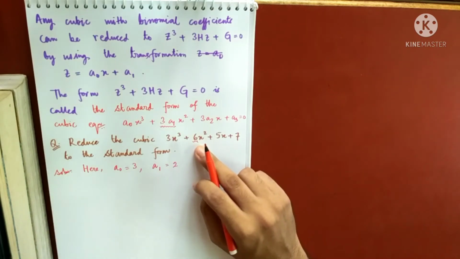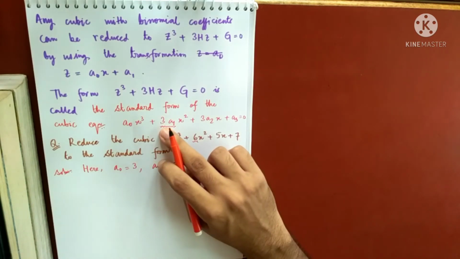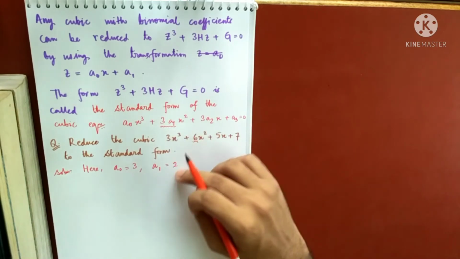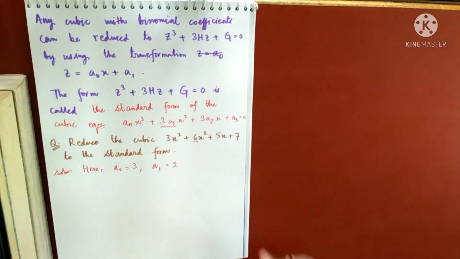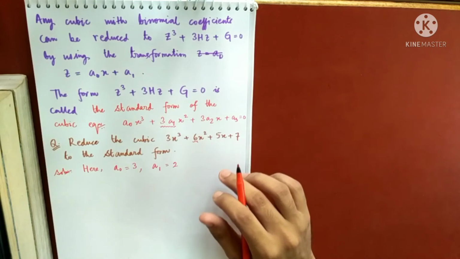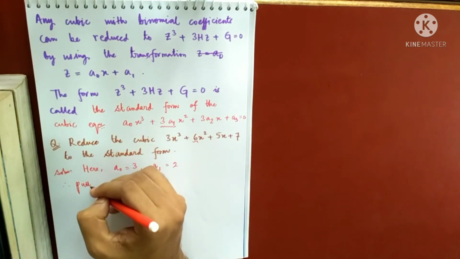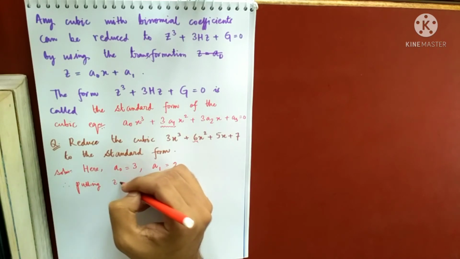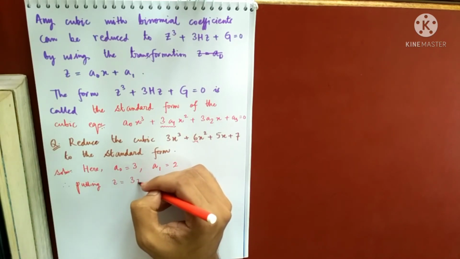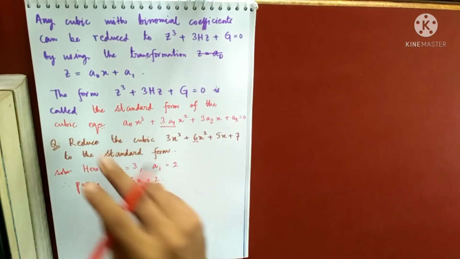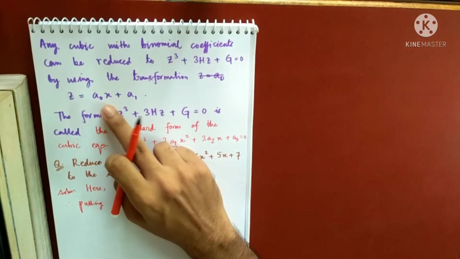A1 is not 6 because the coefficients are binomial here. So 3a1 equals 6, and a1 is 2. I am not interested in these other coefficients for the time being. So therefore, putting z equals a naught x plus a1, as already said here.